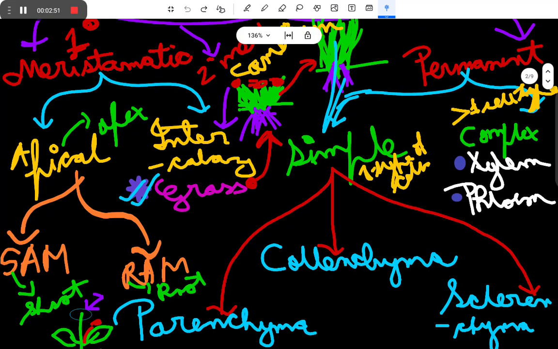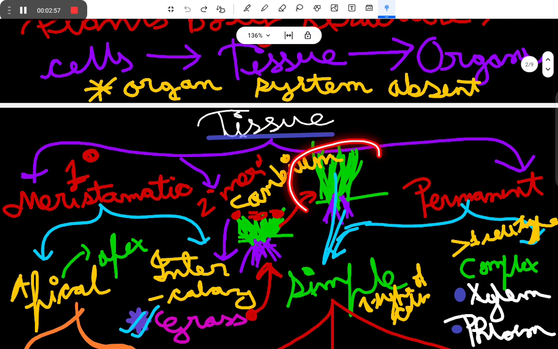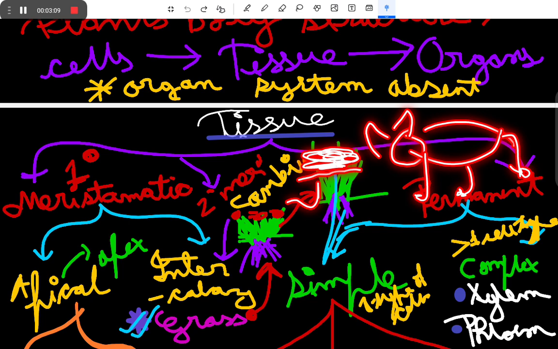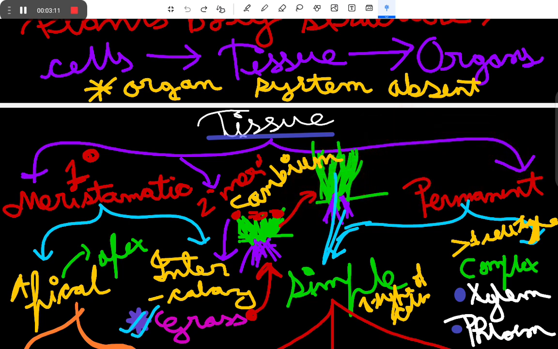Now, another type is intercalary meristem. Suppose this is a full grass. A cow, like an alien type cow, came and ate the grass at this level. Does that mean the grass will only be this much and nothing else?